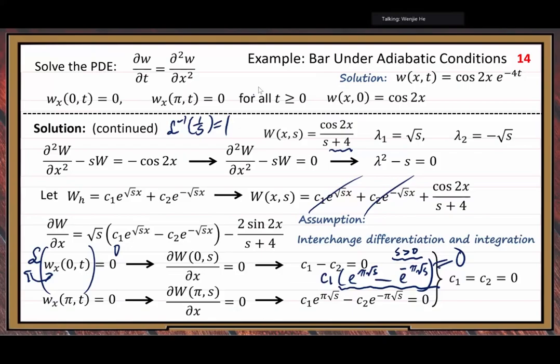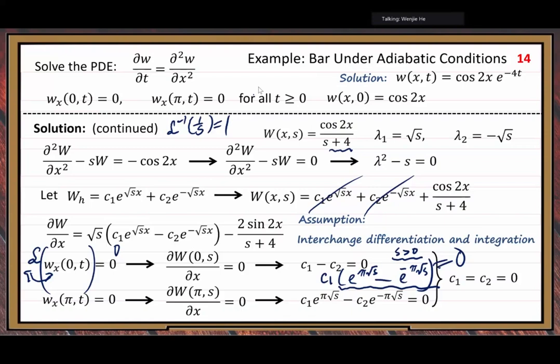So we have seen 2 relatively simple examples, although you need to do a lot of work. But for solving PDEs, these 2 examples are relatively simple, so not too hard.